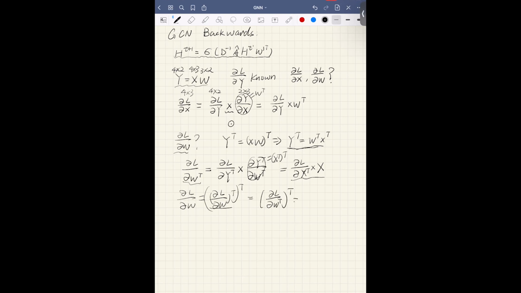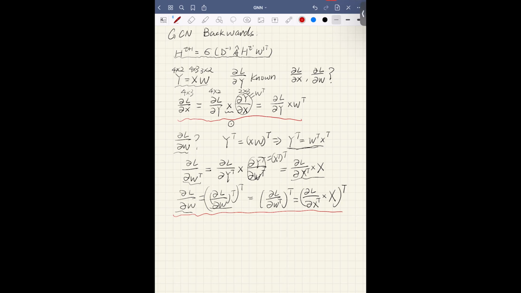And finally, we can write the term we are interested in as d loss dy transpose multiplied by x. Right. So these equations are the equations that we are going to use in the GCN backwards.